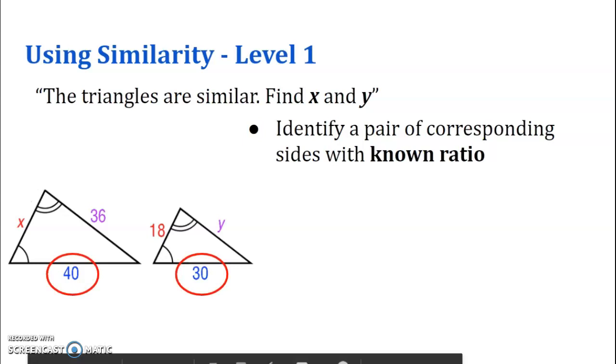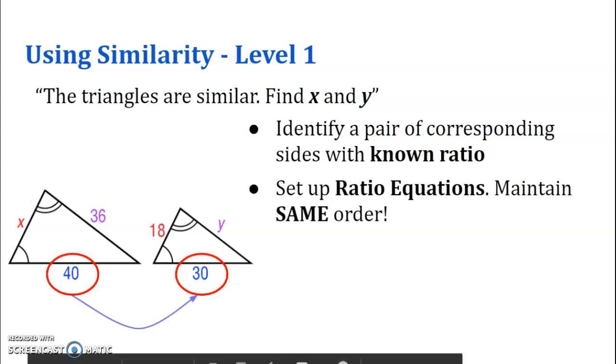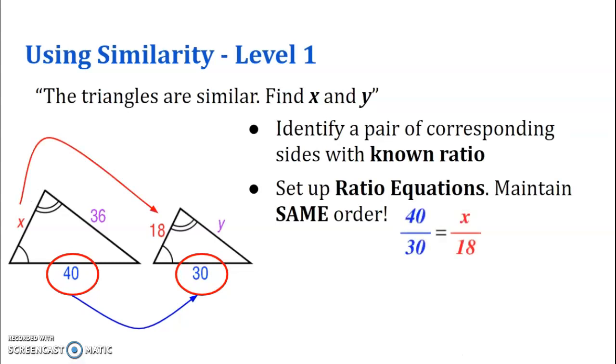Set up the ratio equation to maintain the same order. We know that X corresponds to 18, so that's going to be 40 over 30 is equal to X over 18. And then finally you solve.